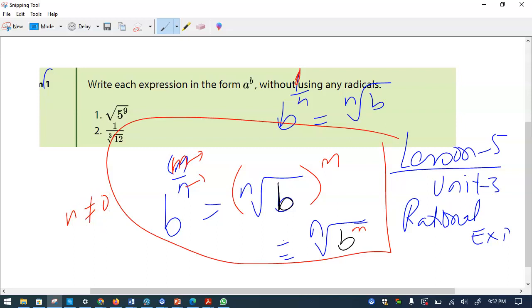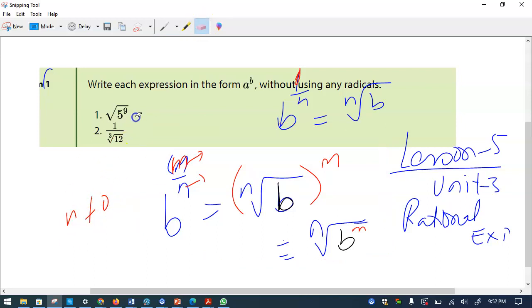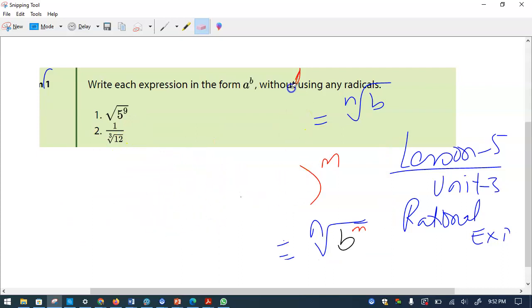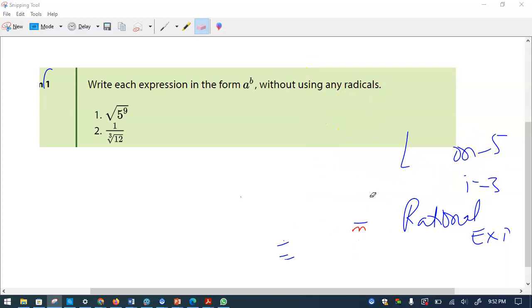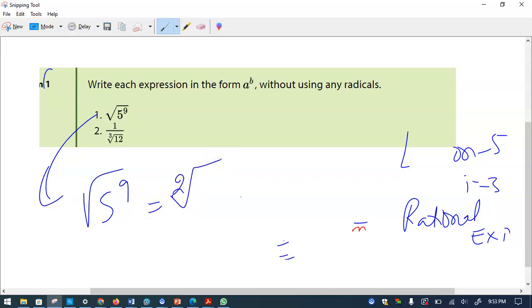Let's see the first problem. The question asked is, can we write this? The first one is the square root of 5 raised to 9. What this means is, the index in the radical sign is 2, and this is 5 raised to 9.